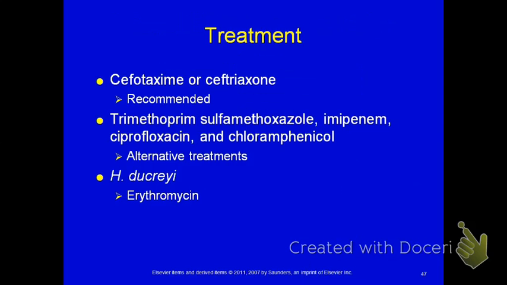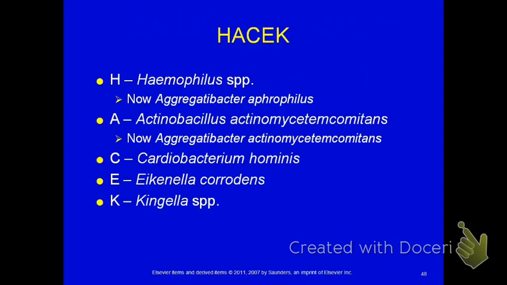Treatment, though we're not doctors, it's nice to know that there would be possible treatment. Cefotaxime and ceftriaxone would be the recommended treatment. Alternative treatment would include trimethoprim-sulfamethoxazole, imipenem, ciprofloxacin, and chloramphenicol. For Haemophilus ducreyi infection, erythromycin could also be a very ideal treatment.